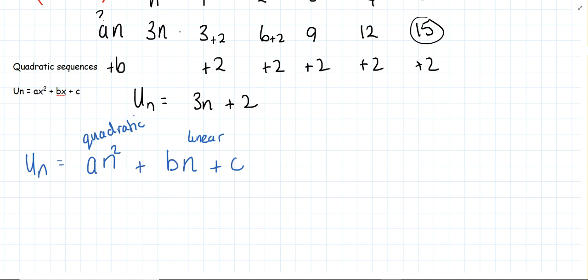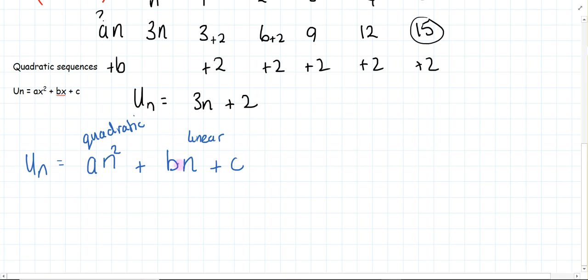Does anyone know why you would use the quadratic formula? It's not for this. The quadratic formula is used for solving a quadratic equaling 0. And we haven't got that yet. We've not even got the quadratic equation, so we need to figure it out.